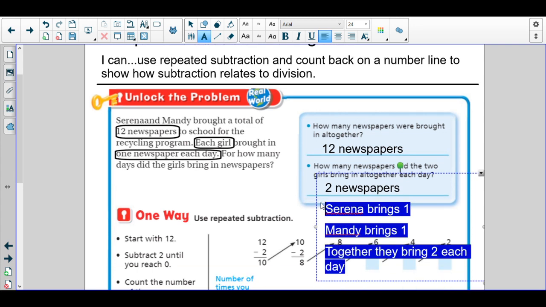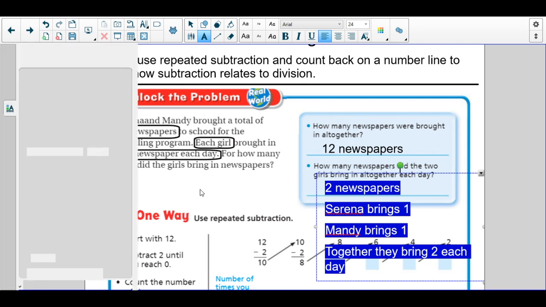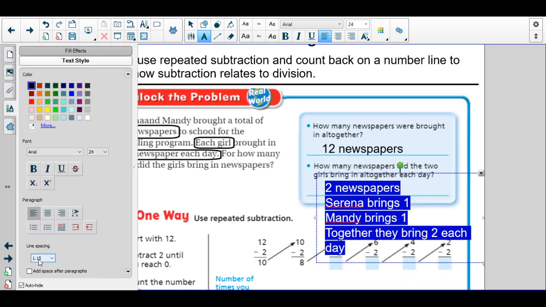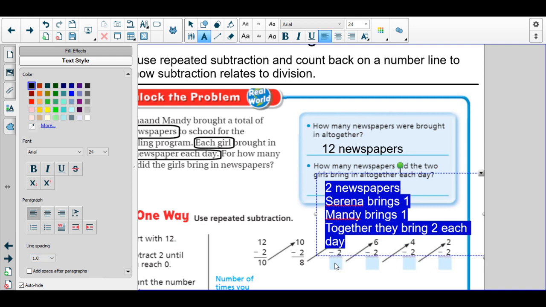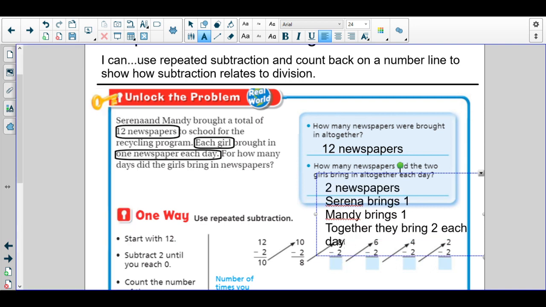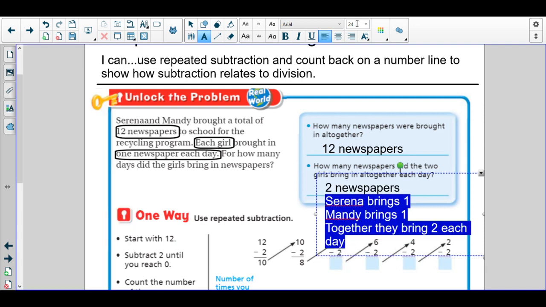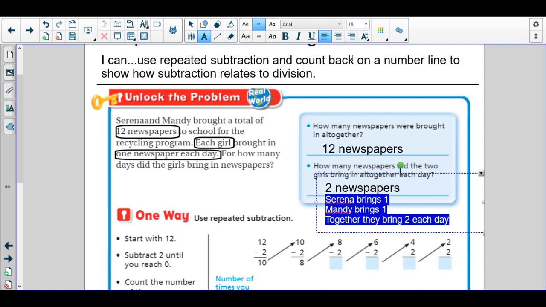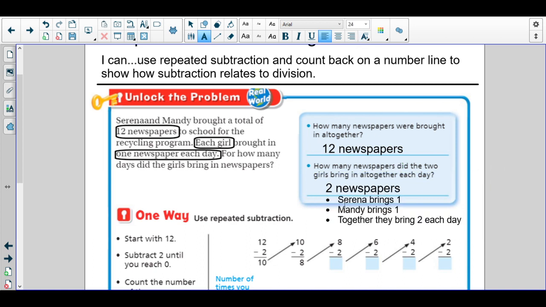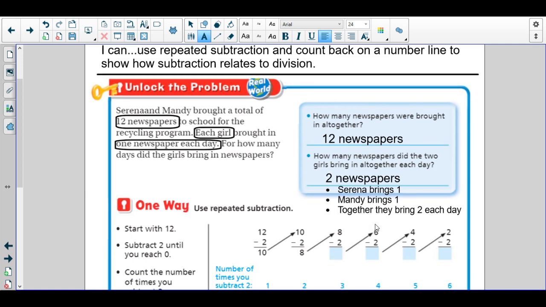All right. So let's do a little bit of cleanup on this here. And there we go. Oop, not number it. Let's bullet it. There we go. All right, so two newspapers. Serena brings one, Mandy brings one. Together, they bring two each day.